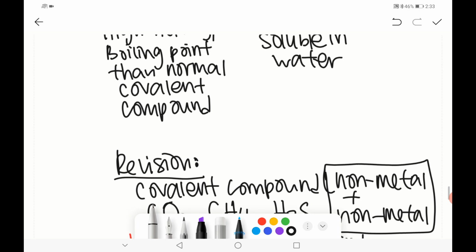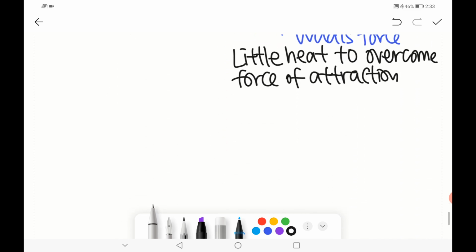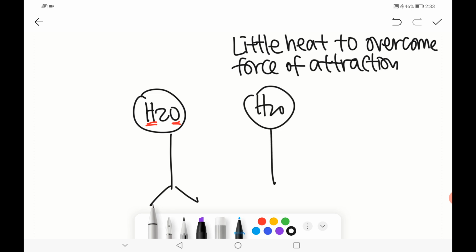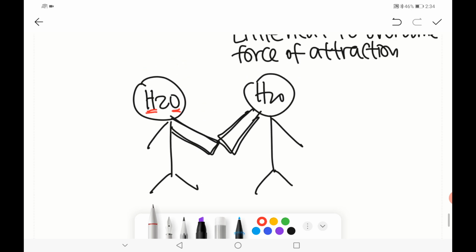But when we come to a substance that can form hydrogen bonding, let's say we have water. Water actually can form hydrogen bond. Why? Because water has H and FON. So water is capable of hydrogen bonding. When water does hydrogen bond, the hydrogen bond is actually stronger. You can see the water holds hands more tightly, because they have a stronger force.